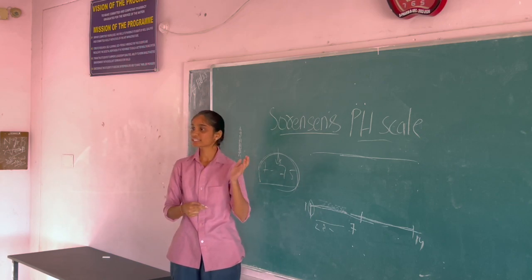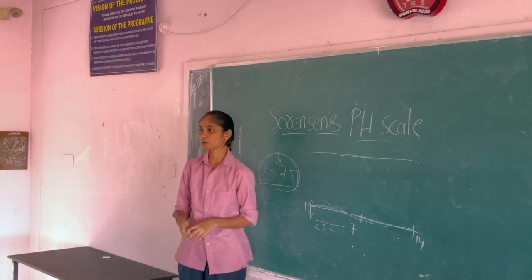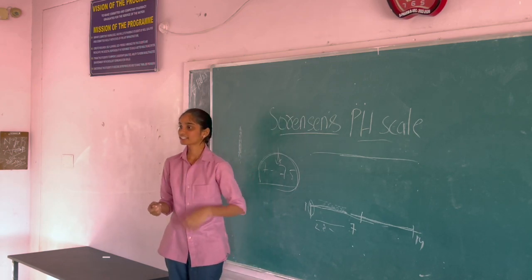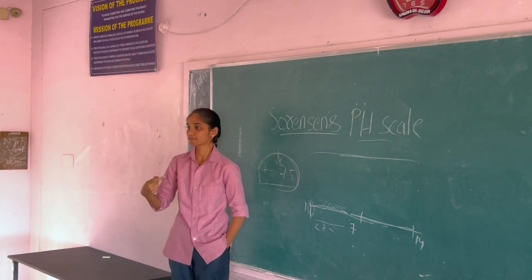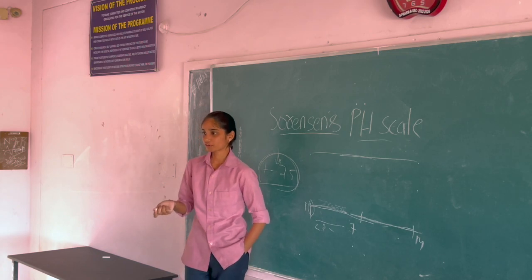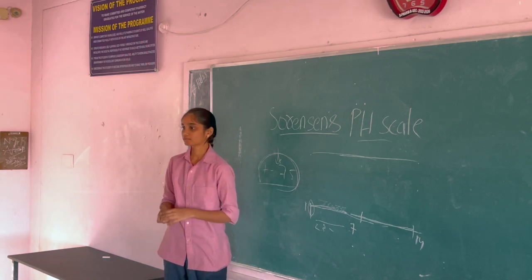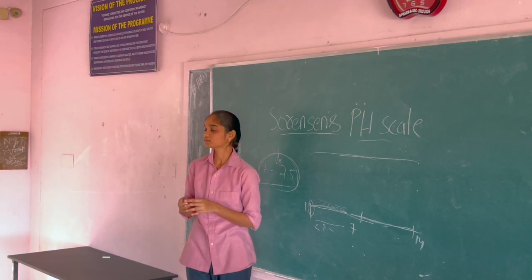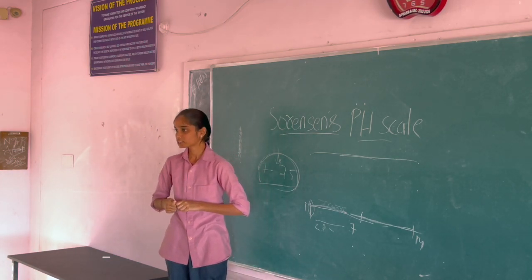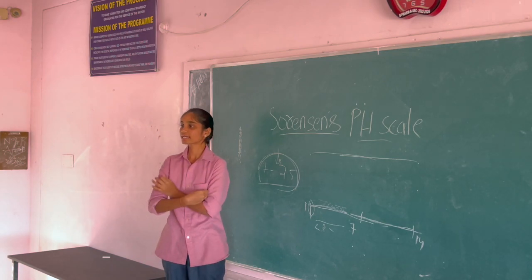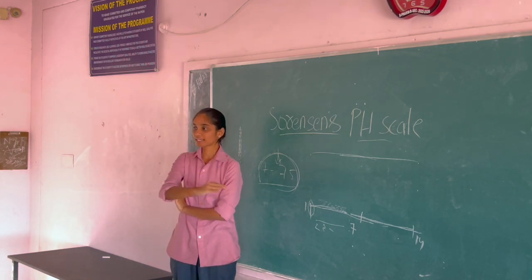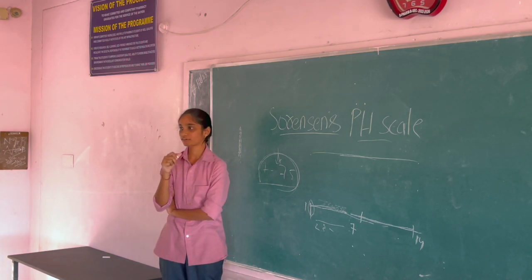This is why we need to know the pH of any compound: to formulate medicaments related to our physiological fluids, like the eye and blood. To match the physiological fluids' pH, we have to know the drug's pH.